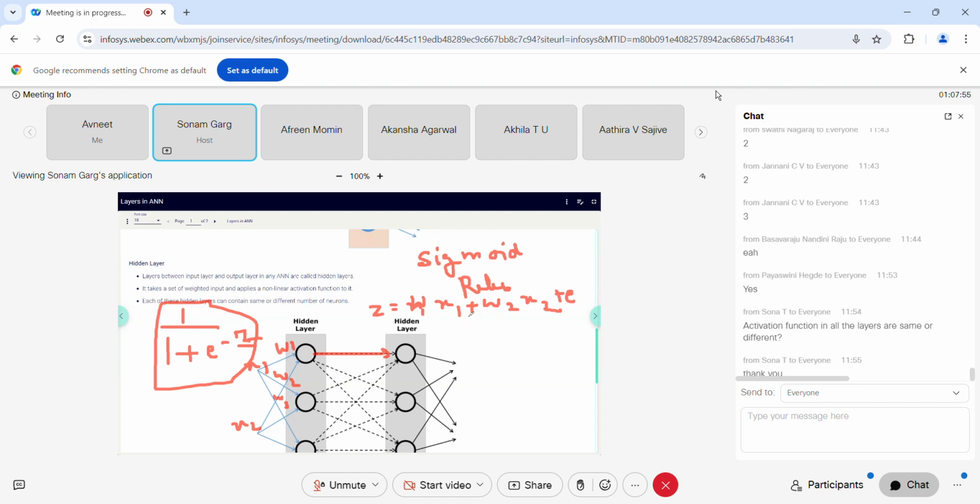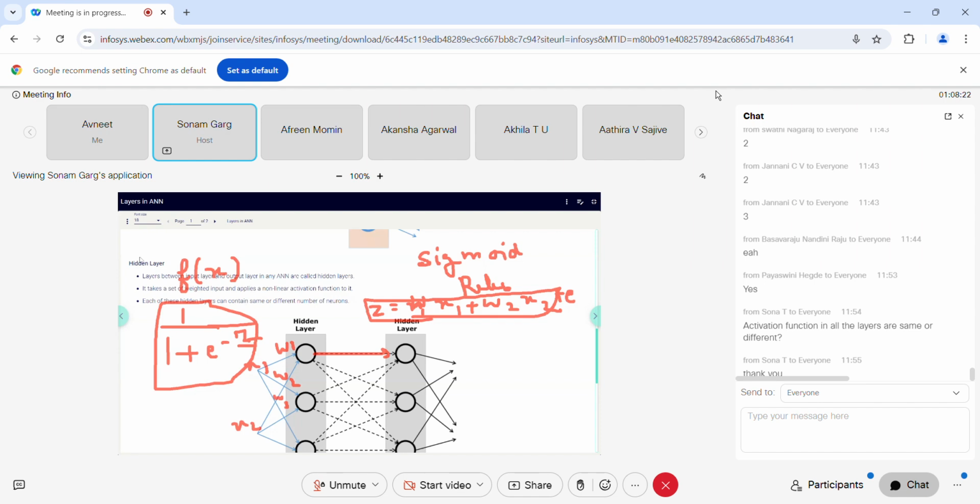I have used a linear function here, but when you use the sigmoid function f(x), it will give you a non-linear value. There will be no linear relationship between the input and the output, based on these weights. So some weights are associated, some numbers we have to use in between, which are called the parameters of this network.